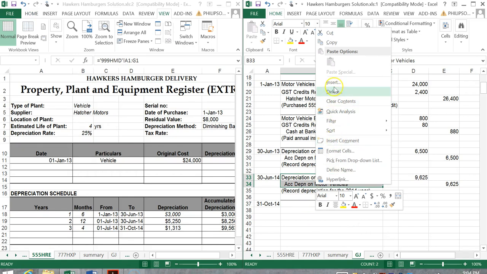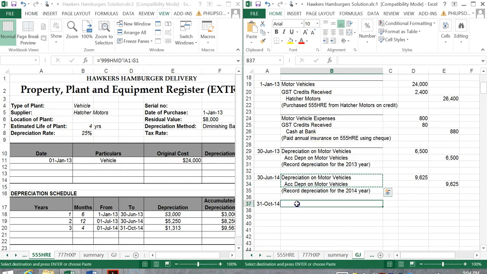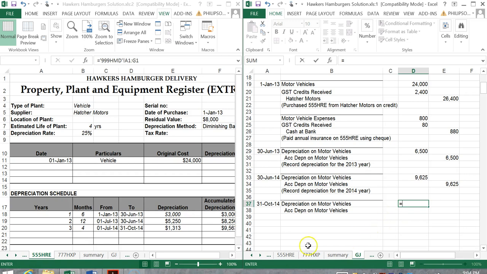Depreciation of motor vehicles, I'm going to copy and paste that. I'm not going to copy the narration because our narration is going to be much different. Okay, so this is 555 HRE. Our depreciation on motor vehicles needs to be this figure here. Get rid of the decimals, we're just using whole numbers here, and then equals, just using my arrow keys to get up there.